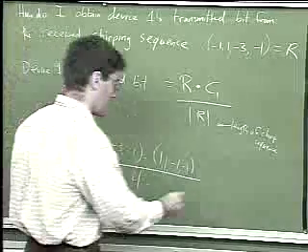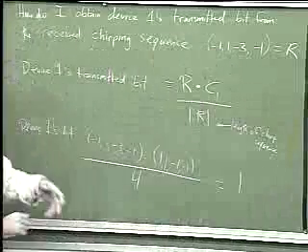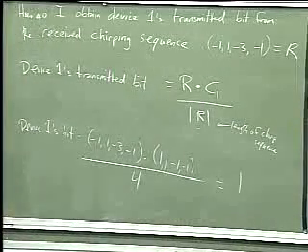And then you divide by 4. So you get 1, which is indeed what device 1 tried to send.